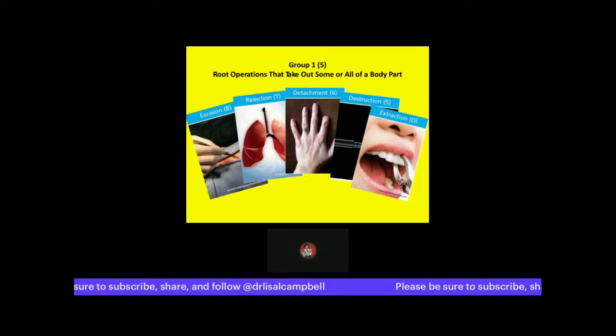Then we have detachment, which is cutting out all or part of the upper or lower extremities, another differentiating factor. Then we have destruction, which is the physical eradication of all or a portion of a body part by the direct use of energy, force, or a destructive agent.